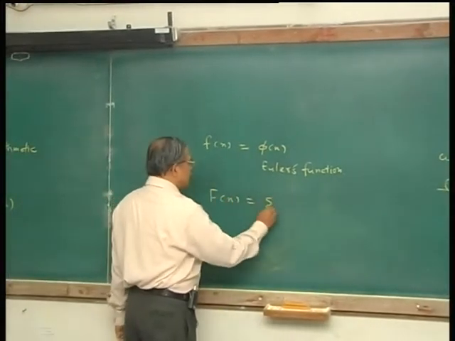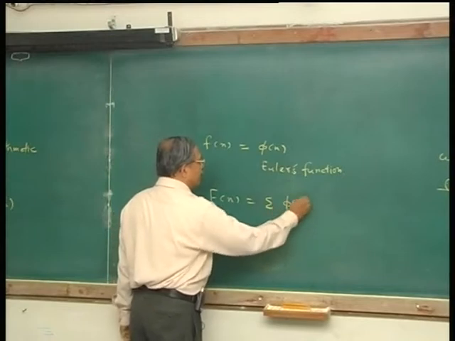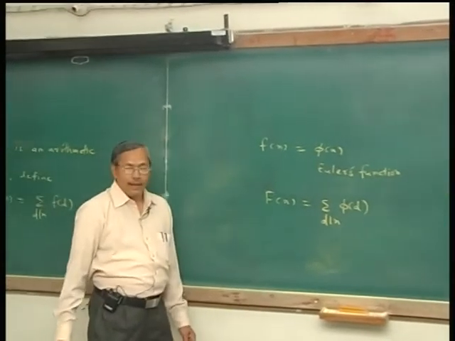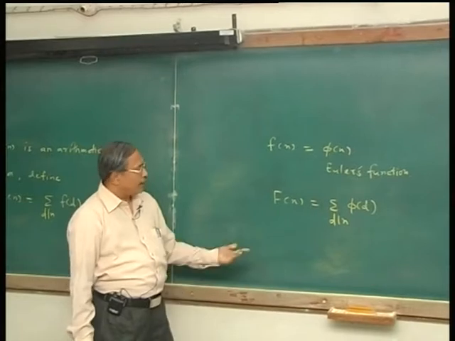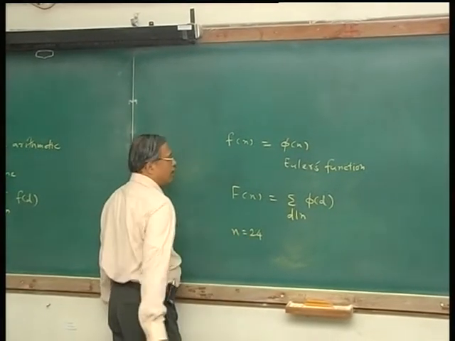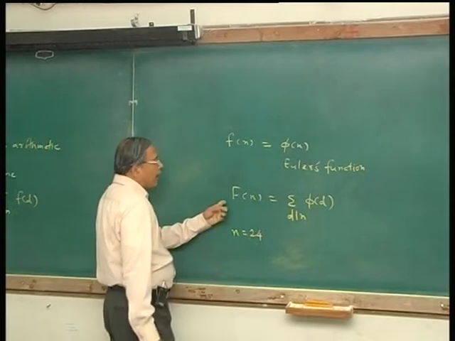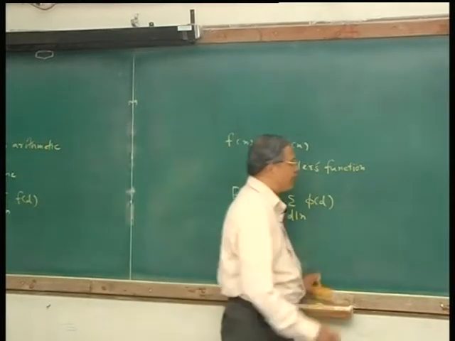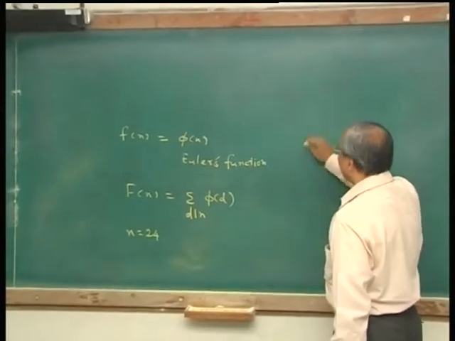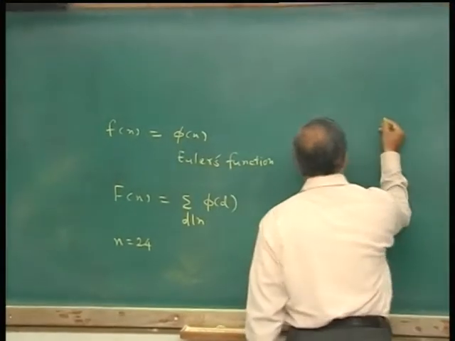This is summation phi of d, d divides n. Now take an example like n equal to 24 and let us calculate capital F of 24. So the divisors of 24 are like this.